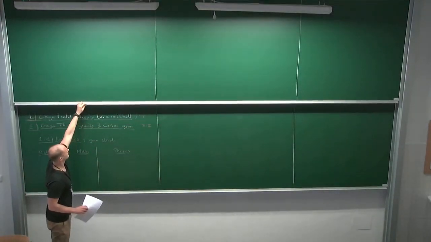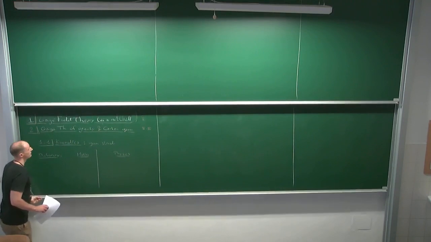So, very quickly, here we are. So I start with this. Gauge field theory, very quickly. First thing, the kinematics. Physics is given by kinematics and dynamics, right? So the kinematics will be entirely given by geometric structure.